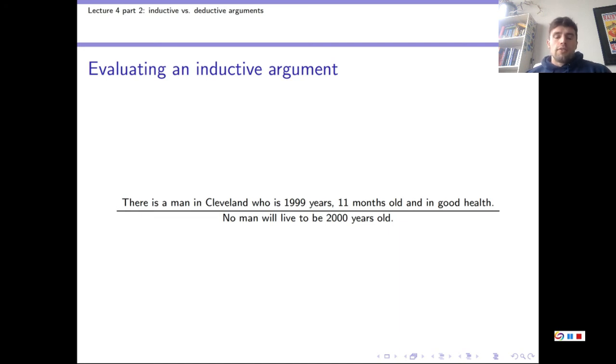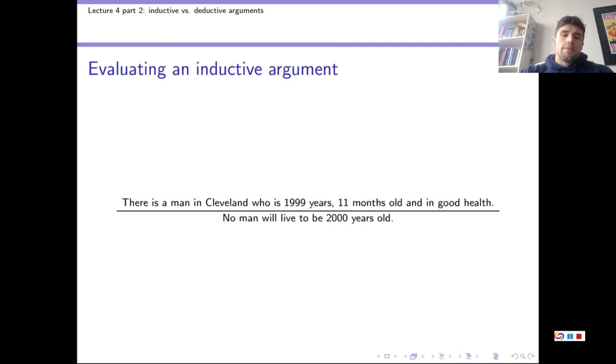Again, the inductive strength of an argument does not depend on the probability of the premises or the conclusion considered on their own. It's to do with the evidential relation between premises and conclusion. So after all of that, by our definition, it is probable that the conclusion is false given the premise, so this argument is not inductively strong.